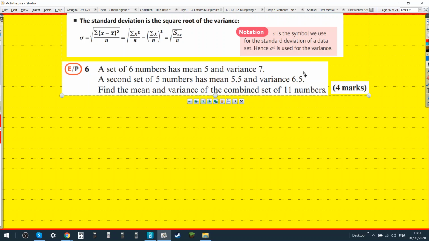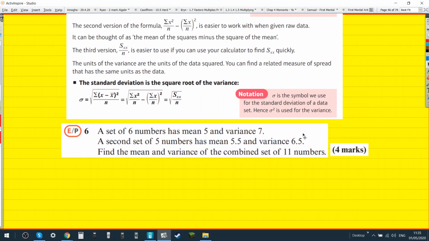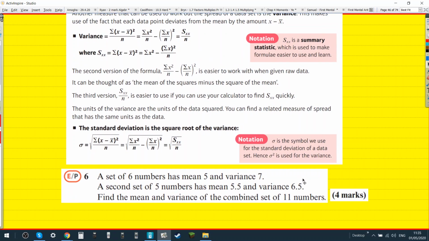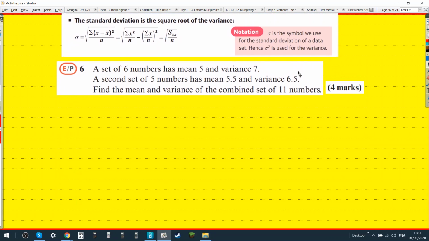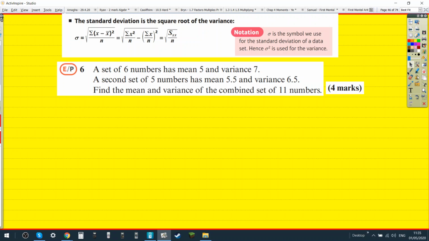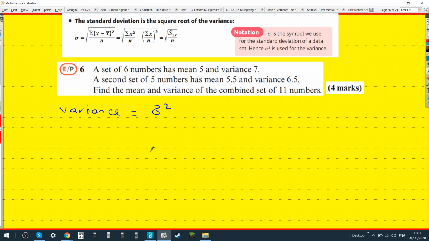So, do you have to make it into some sort of equation? And it tells you that the variance is standard deviation squared.